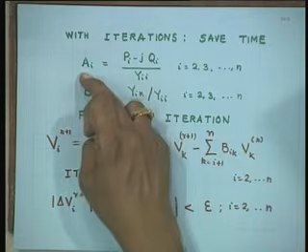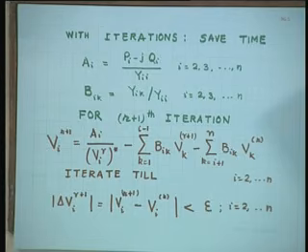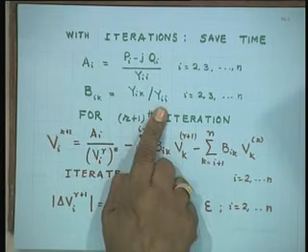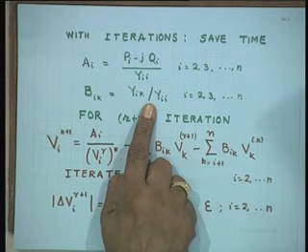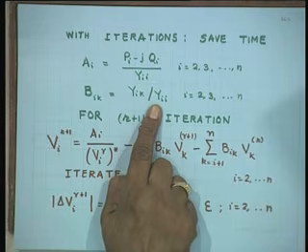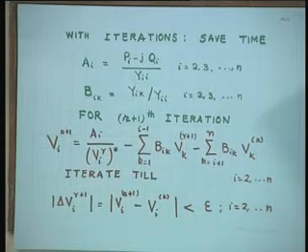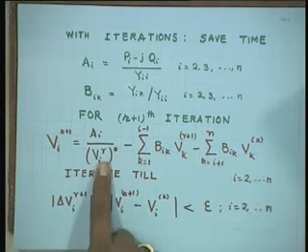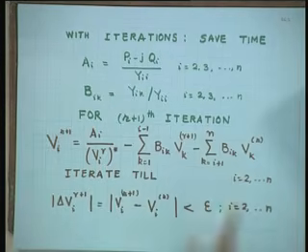So call it Ai and compute it once for all PQ buses. Similarly, we call it Bik, Yik divided by Yii. This division takes a lot of time, as I told you, so why not divide it once and for all and keep it as Bik. That is why that equation now becomes Ai over Vir star minus sigma this and this.